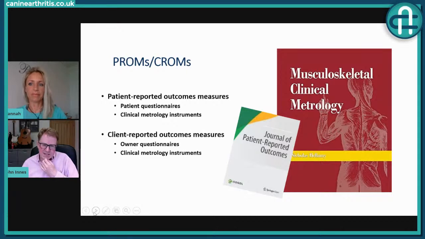In veterinary medicine, we use pet owners or clients as a proxy to tell us about their dog. So we might call them client-reported outcomes measures. So we're essentially developing tools which are questions that we would ask to patients or to clients, but where the responses can give us the most reliable and efficient information about the clinical status of the patient.